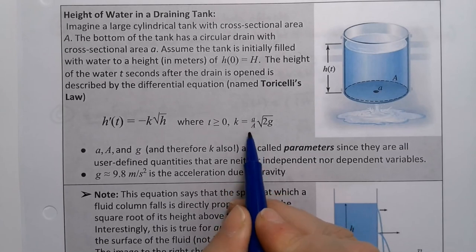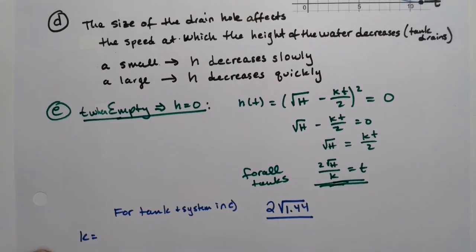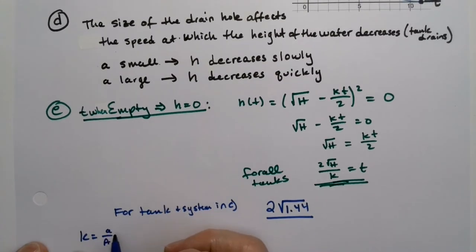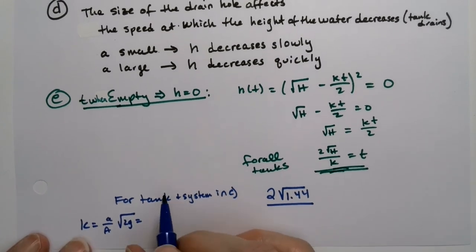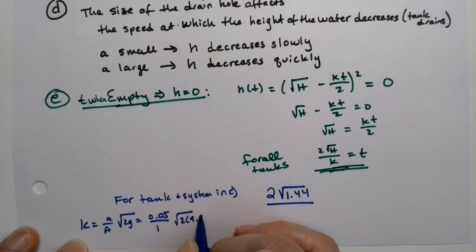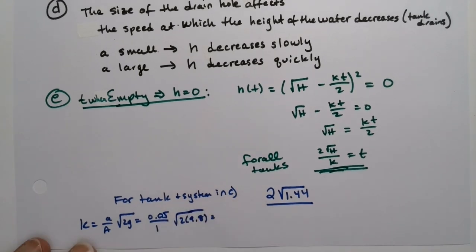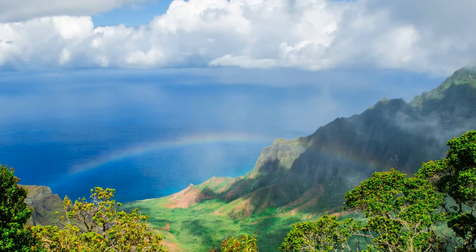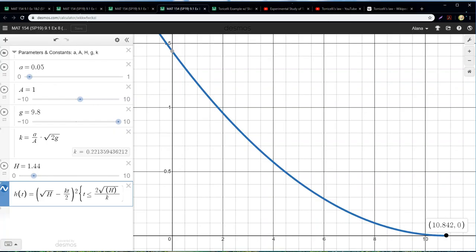It's little a over capital A square root of 2g. That would be 0.05 over 1 square root of 2 times 9.8, which would be equal to, I actually have it in Desmos. K is equal to, right here, 0.22136.